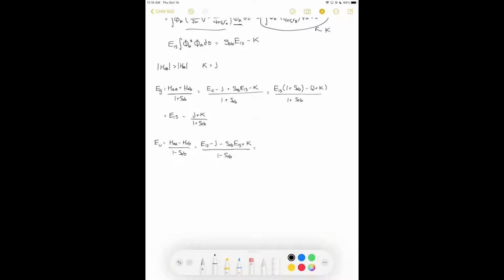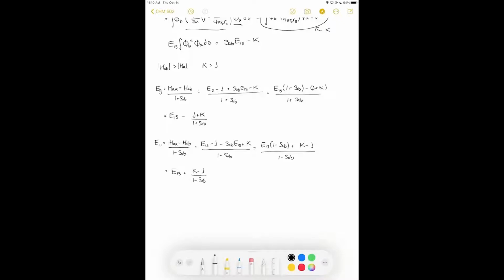We can do the same factoring and get E1s times 1 minus SAB, and then plus K minus J over 1 minus SAB, and end up with our EU being E1s plus K minus J over 1 minus SAB.